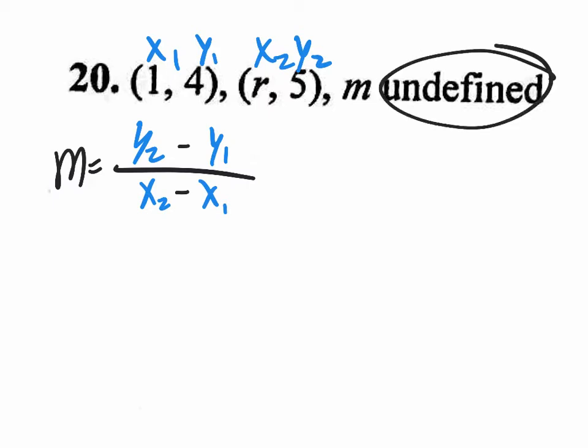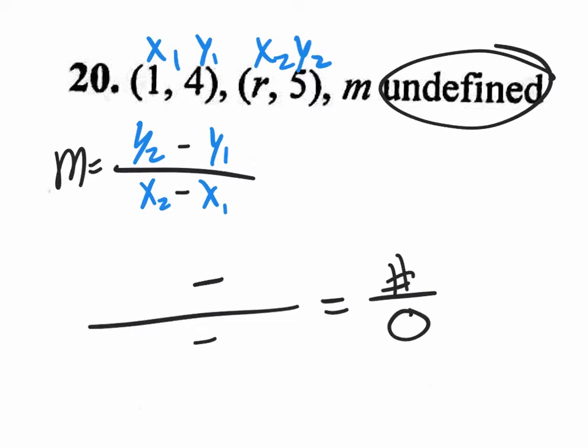Zero's on the bottom, right? So let's keep that in mind: whatever my slope is, I'm going to have it equal to 0 on the bottom, and maybe some number up on top. Right now, all we need to remember is that the undefined slope ends up being 0 on the denominator.